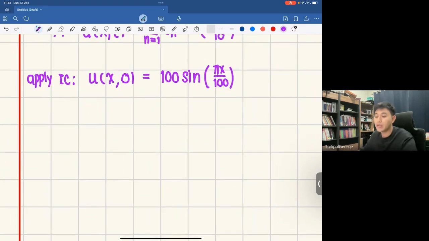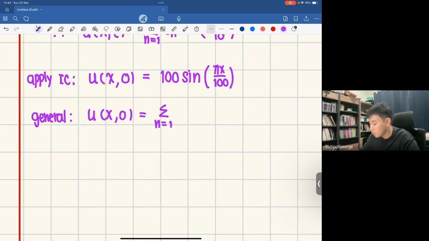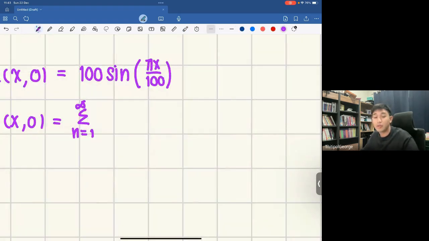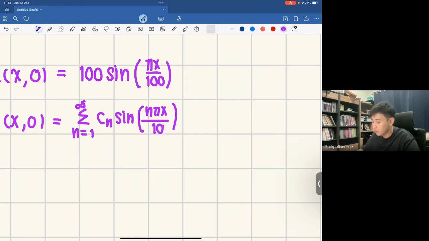Then if you compare with the general solution, in which you set t equal to 0, the exponential turns to be 1, so you are only left with the x term. It's going to be the sum from n equals 1 to infinity of cn sine of n pi x over 10.